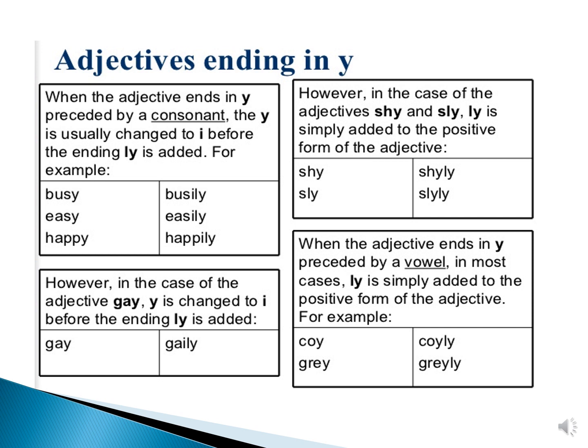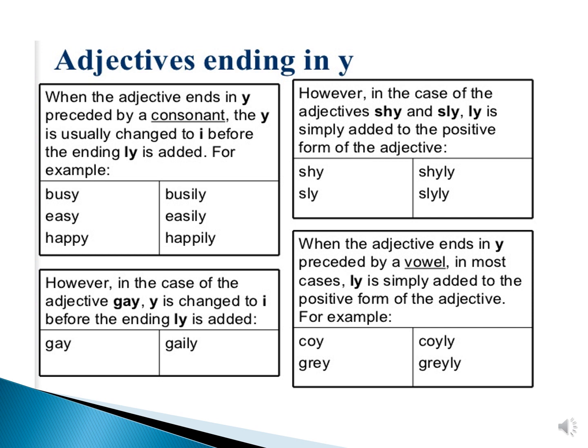However, in the case of the adjective gay, y is changed to i before the ending -ly is added. Gay, gaily. However, in the case of the adjectives shy and sly, -ly is simply added to the positive form of the adjective. Shy, shyly, sly, slyly.